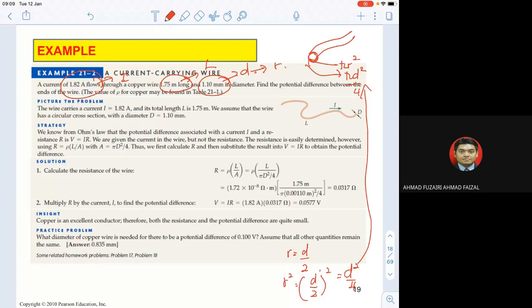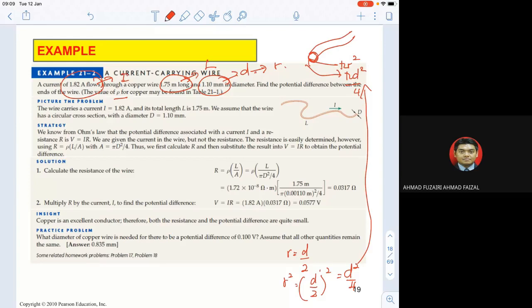Okay, so find the potential difference between the ends of the wire. And the value of the resistivity for copper may be found in the table.